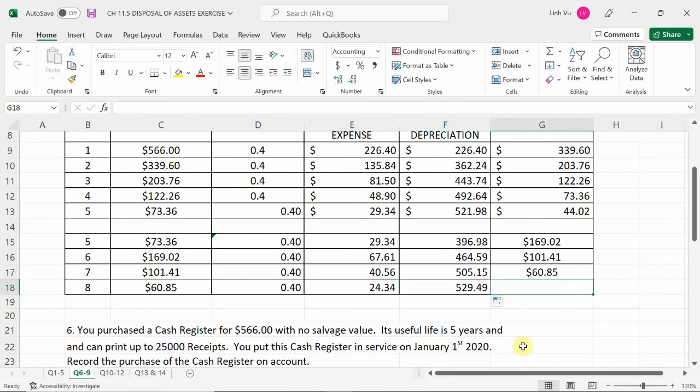Okay, so your accumulated will become $529.49. So therefore, what is my book value at the end of the 8th year?